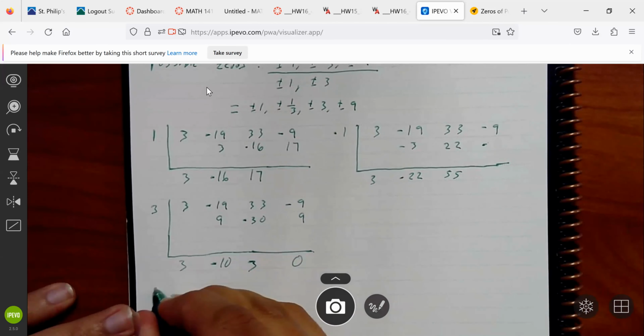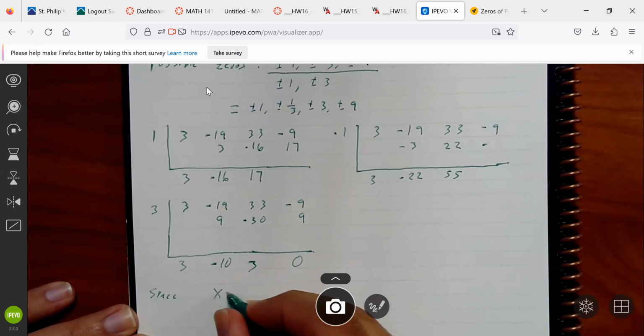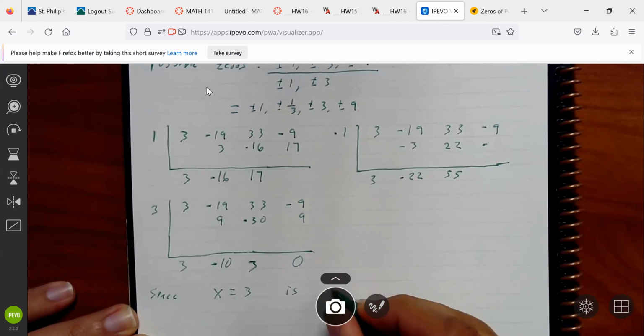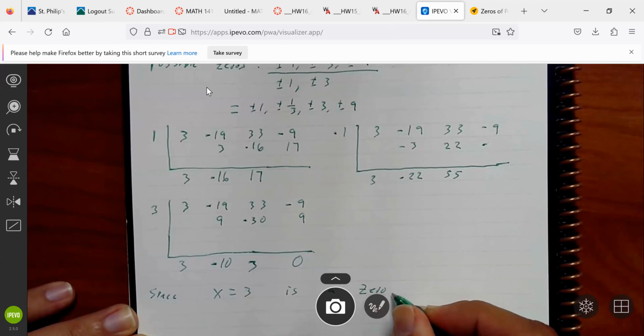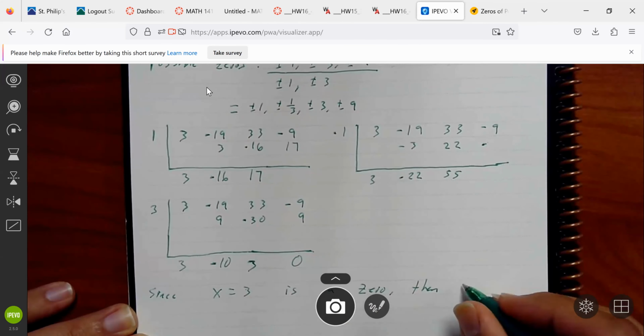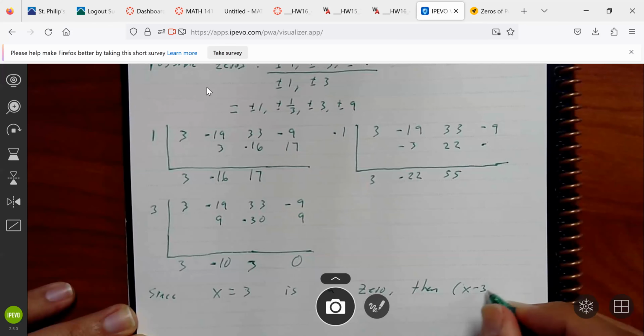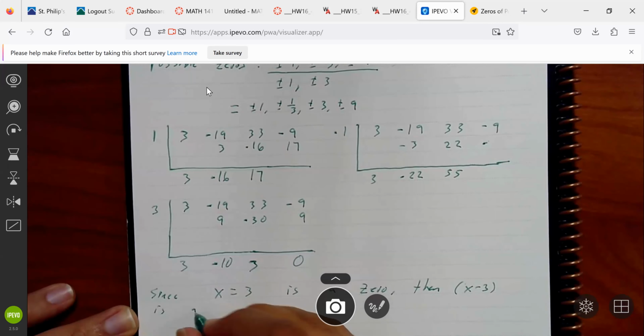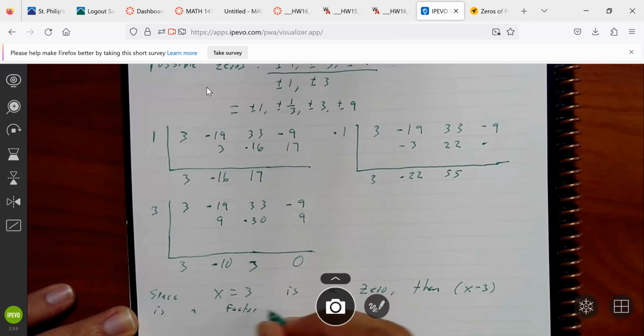So since x equal to 3 is a zero, then x minus 3 is a factor of f of x.